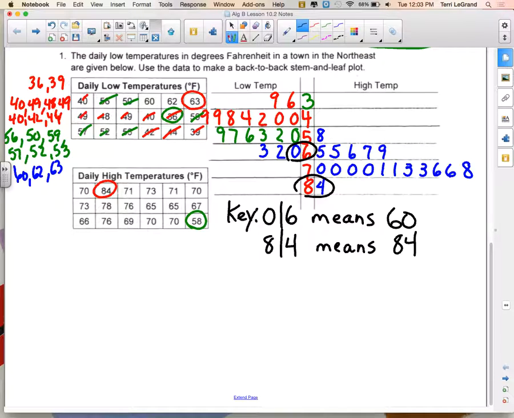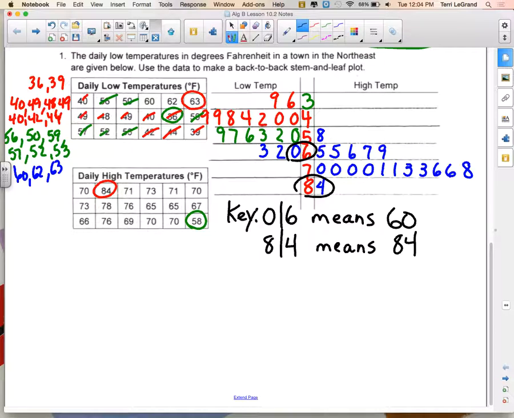Josh? 40 degrees. In fact, it's the only one that showed up more than once, isn't it? Most common means shows up most, right? Wait, 9 should have come in once. 49. Oh, so the most common would be 40 and 49. So the most common daily low was 40 degrees and 49 degrees.